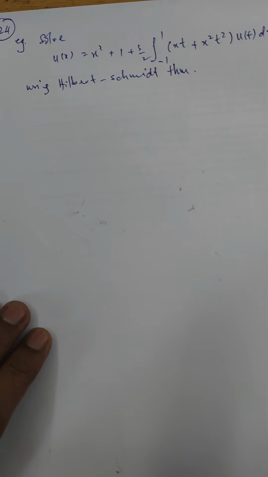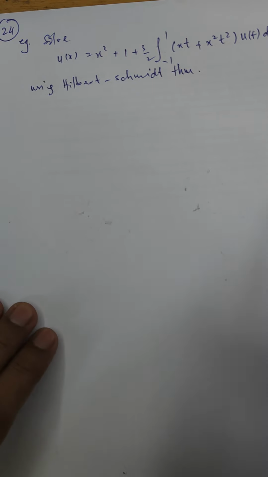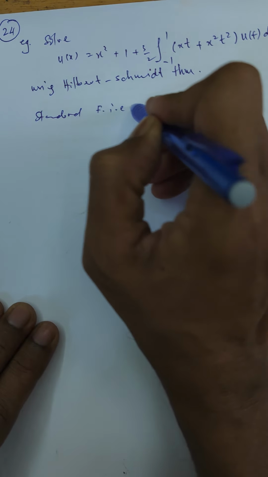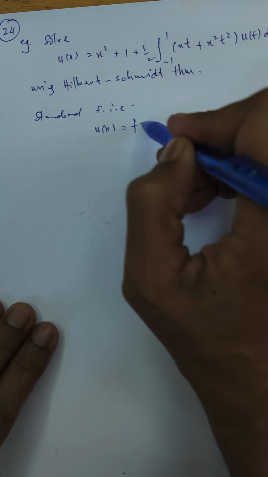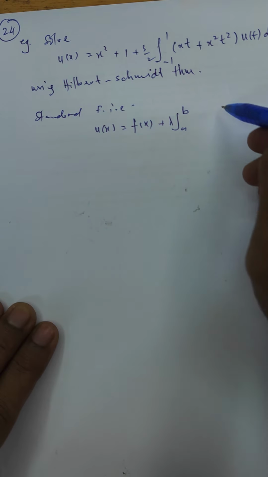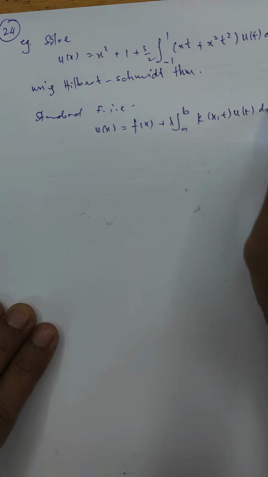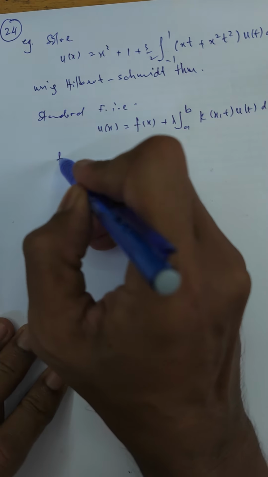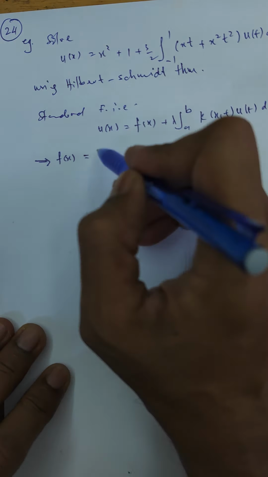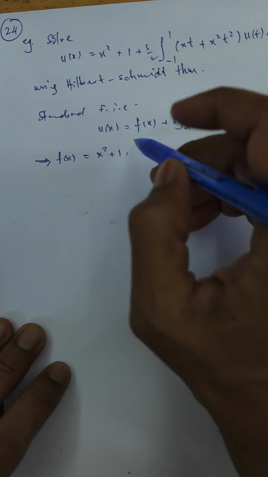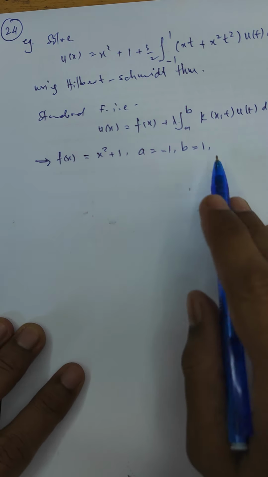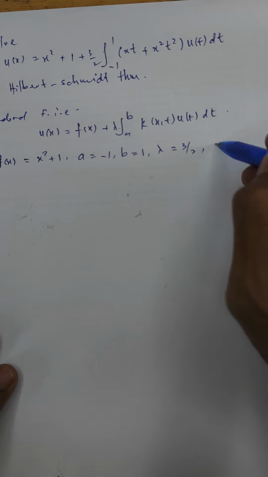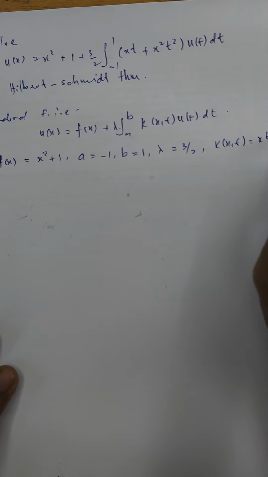Now, if we compare with the standard Fredholm integral equation, u(x) = f(x) plus lambda integral from a to b of k(x,t) u(t) dt, we have f(x) equal to x squared plus 1, a is -1, b is 1, lambda is 3/2, and the kernel k(x,t) equals xt plus x squared t squared.